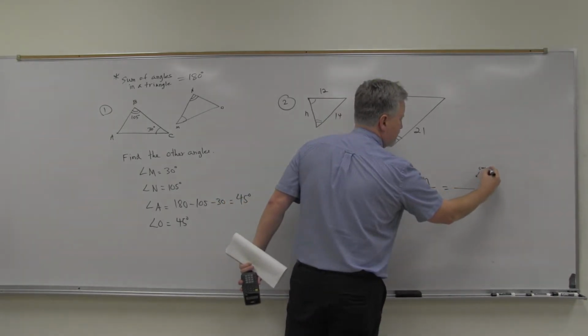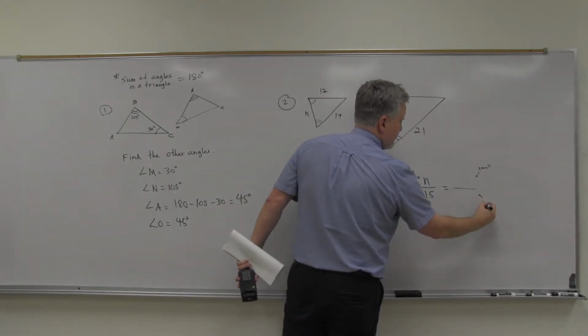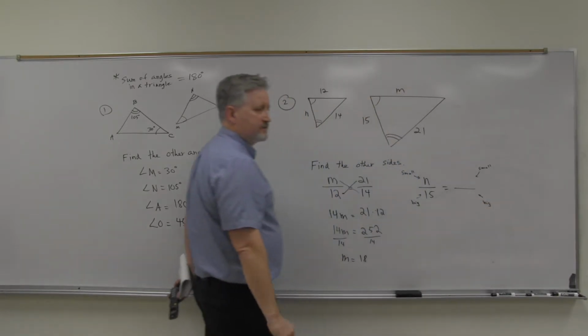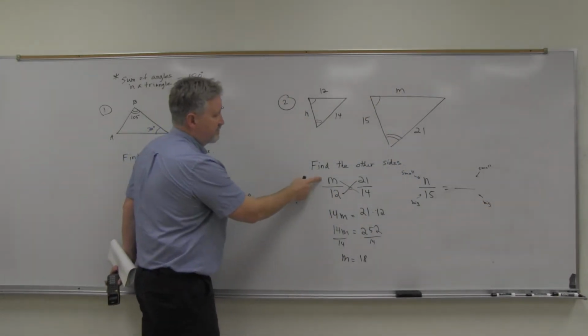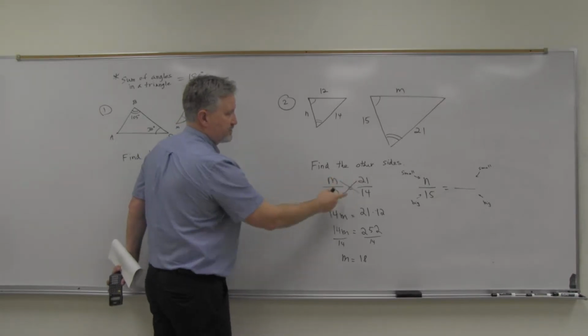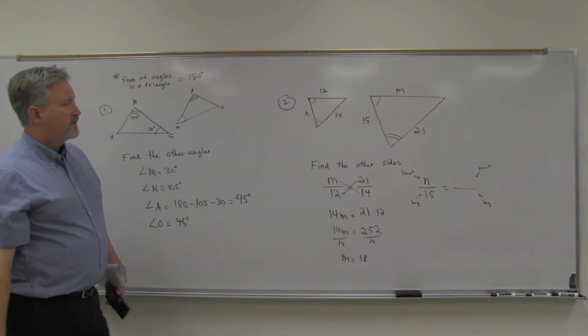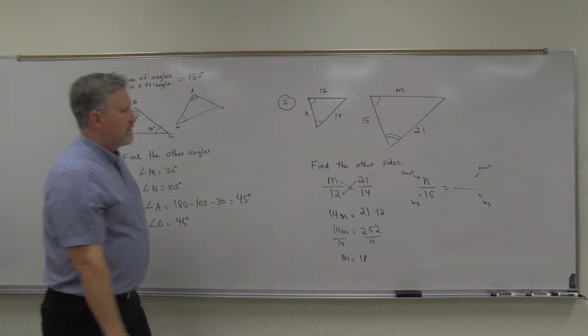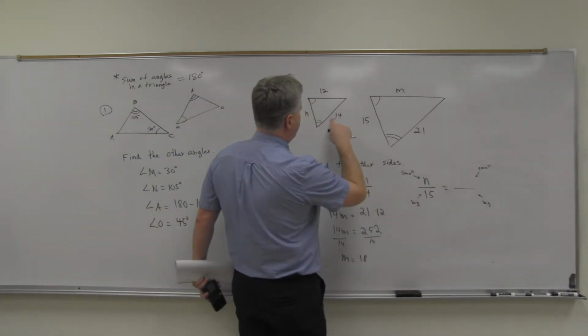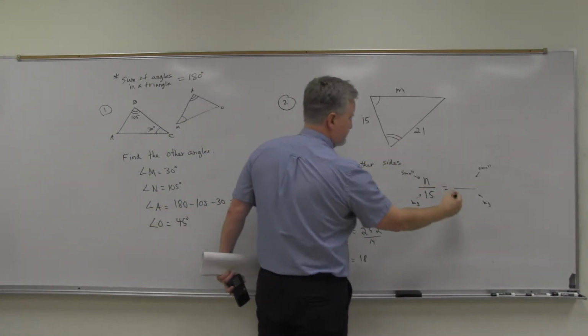You want the small side and the big side on this as well, because I've got it just reversed. Here it's big over small, so it's big over small. That's the only thing really you got to be careful with. So what would I put over here? Well, I'd go with the 14 over 21 in this case.